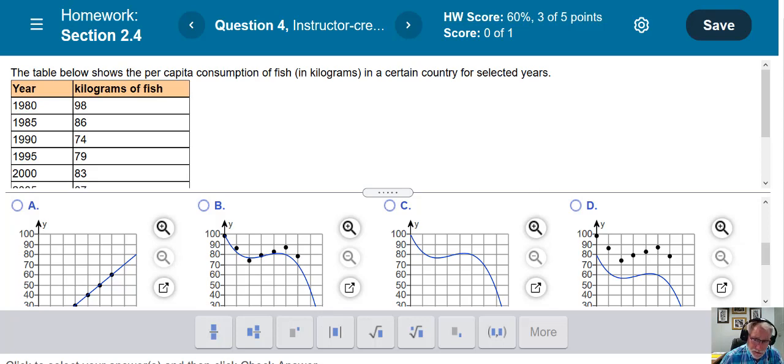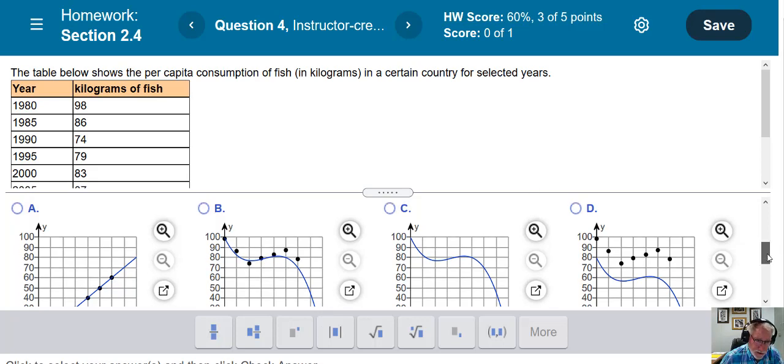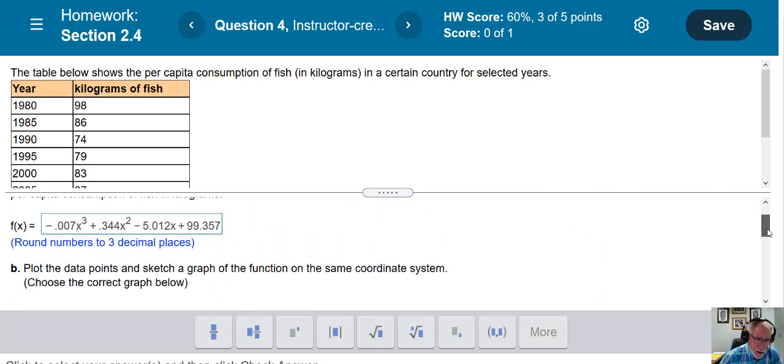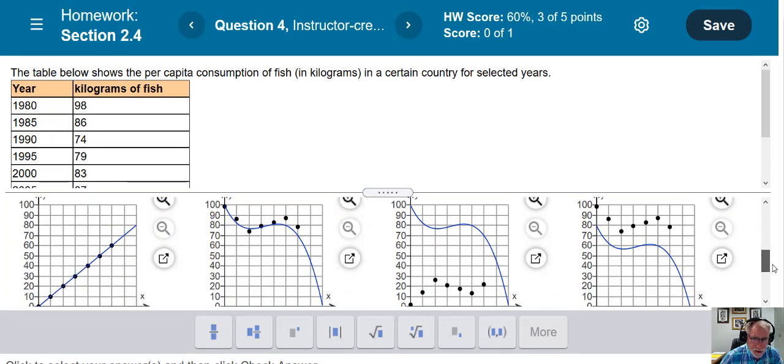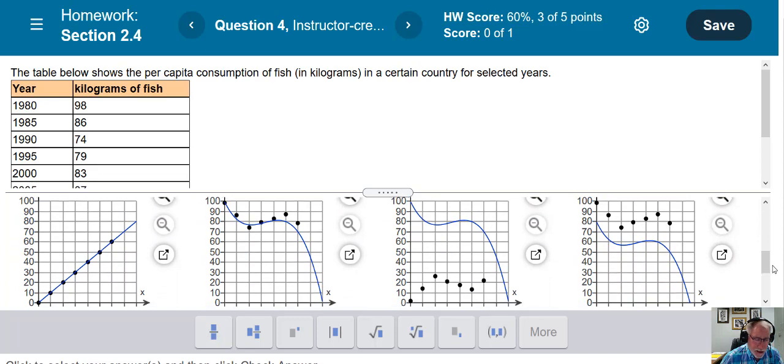However, I can also just look at the equation. A negative number on the front of the x cubed tells me it starts off going down, then it's going to go back up and back down again. So I need a picture that goes down, back up, and down again.